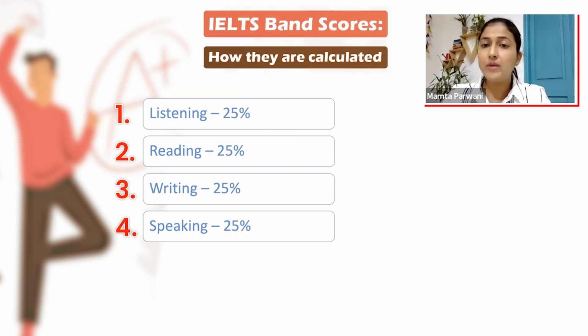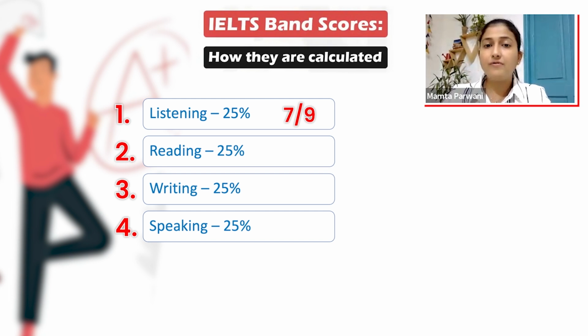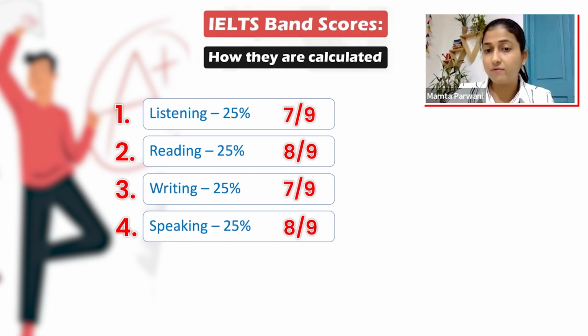What does it mean? It means that each module will be individually judged on a scale of 9. So you will get a score out of 9. Let's say you're getting 7 out of 9 for listening, 8 out of 9 for reading, 7 out of 9 for writing, and then again 8 out of 9 for speaking. So your overall score would be 7.5.